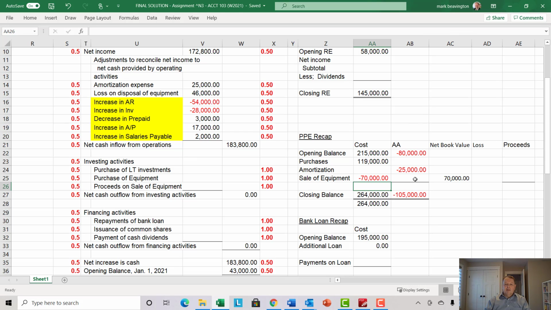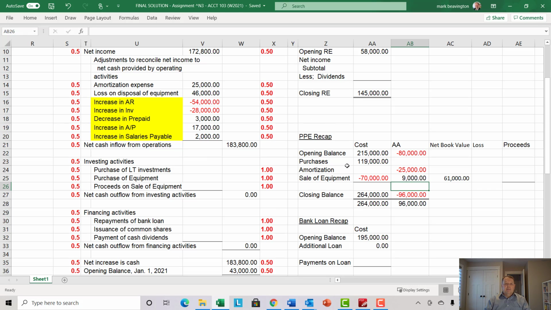Then on the amortization side, we're aiming to get to 96,000. So that means that you should have reversed $9,000 worth of accumulated amortization. So we end up with a net book value of $61,000 worth of equipment that we've removed from the property, plant, and equipment.